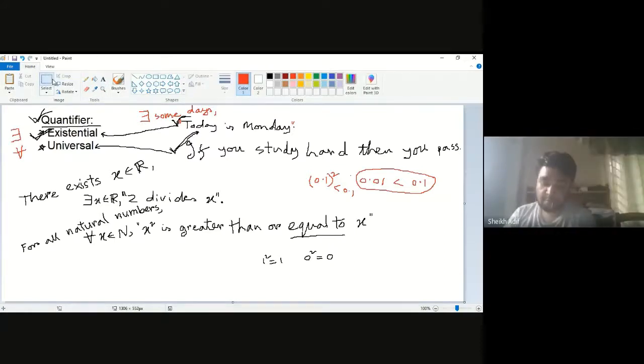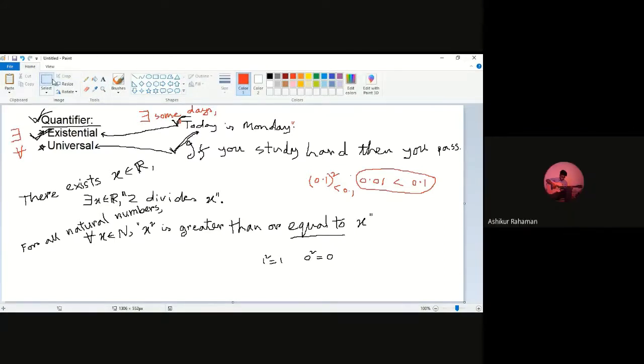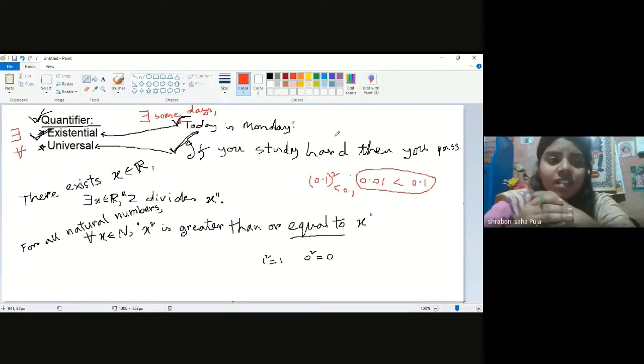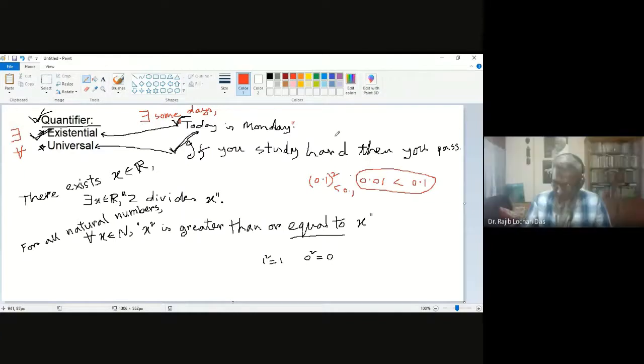Yes, sir. Can you repeat the first one, the universal quantifier, please, again, sir? So for all natural numbers here, I don't understand, sir. Yes, I understand what your question is. The thing is, if you consider all the whole numbers, not 0.1, 0.2, these are not natural numbers.